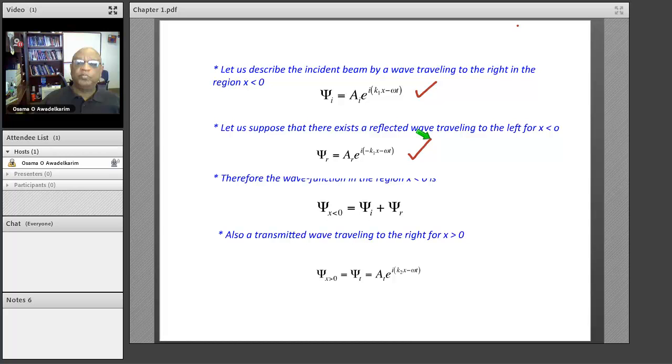And so the total wave on the left-hand side, x less than 0, is a sum of the incident wave and the reflected wave. The transmitted wave on the right-hand side is e to the i(k2 x minus omega t) with an amplitude A_t.